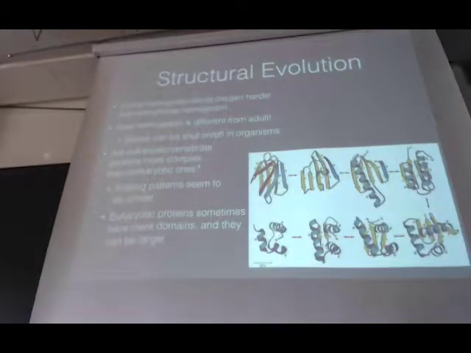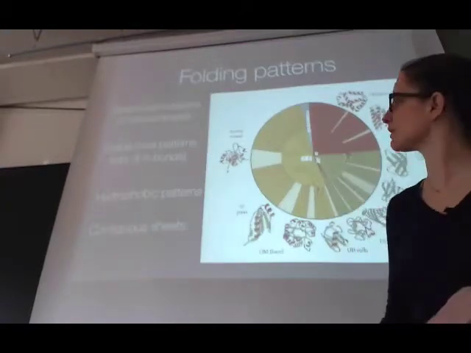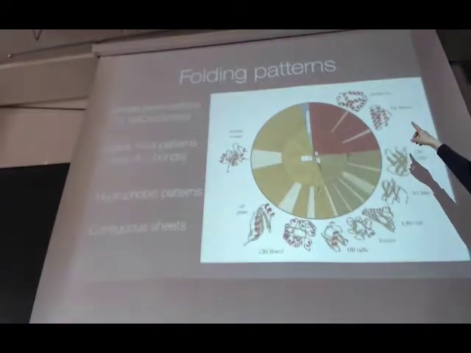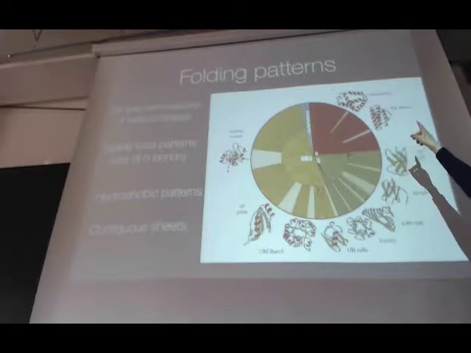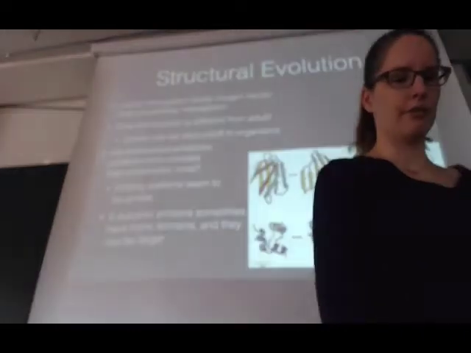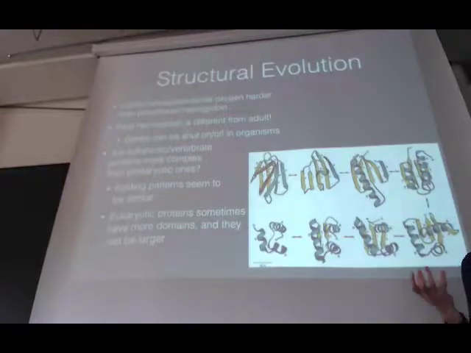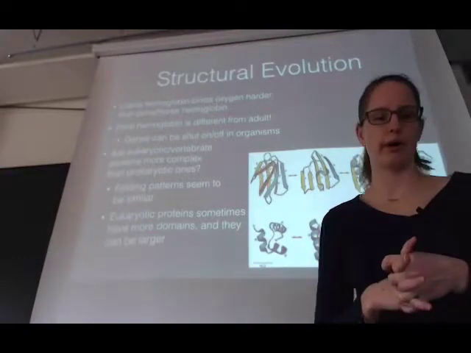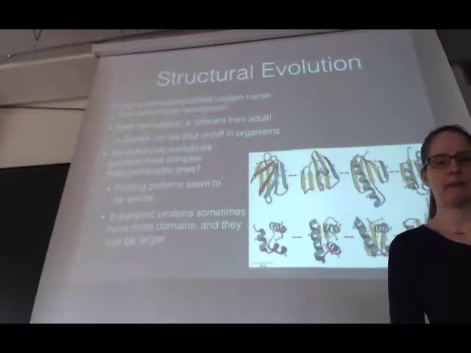If you think about the globin fold, if I go back just a couple of slides, globin is one of the most commonly found types of structures. It's purely alpha helical. And several globins will form, for example, hemoglobin, which is the protein that binds oxygen, right? You're aware of this, and it's very useful for life.